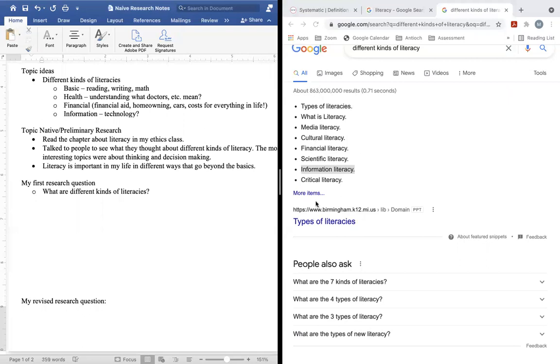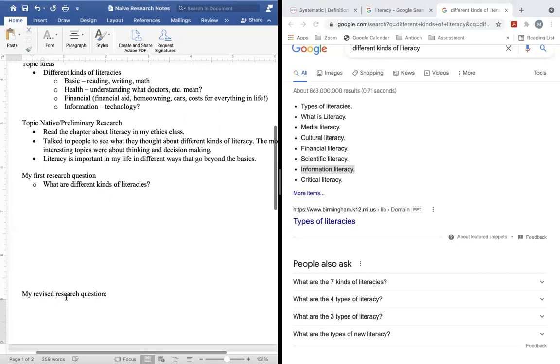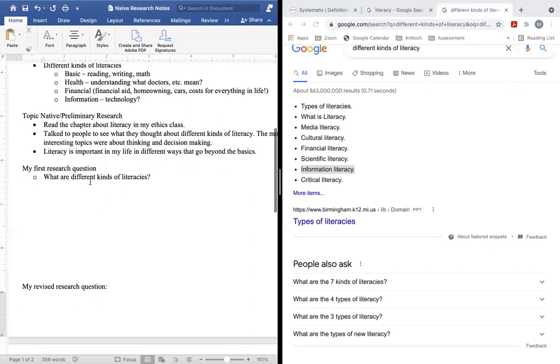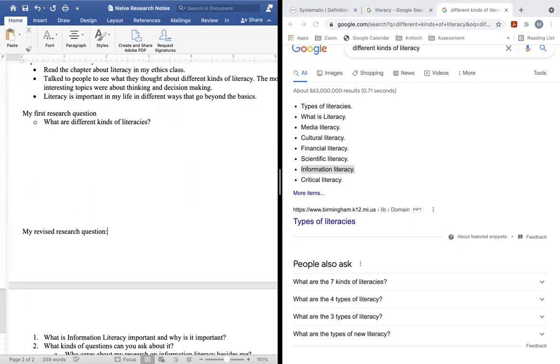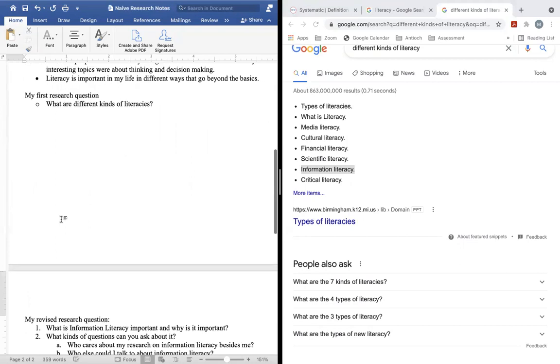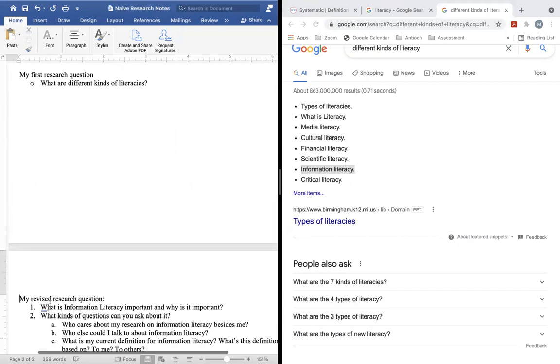And so I did that list and I came up with information literacy. So my second question is going to be around that specific topic, information literacy. What is information literacy, and why is it important?